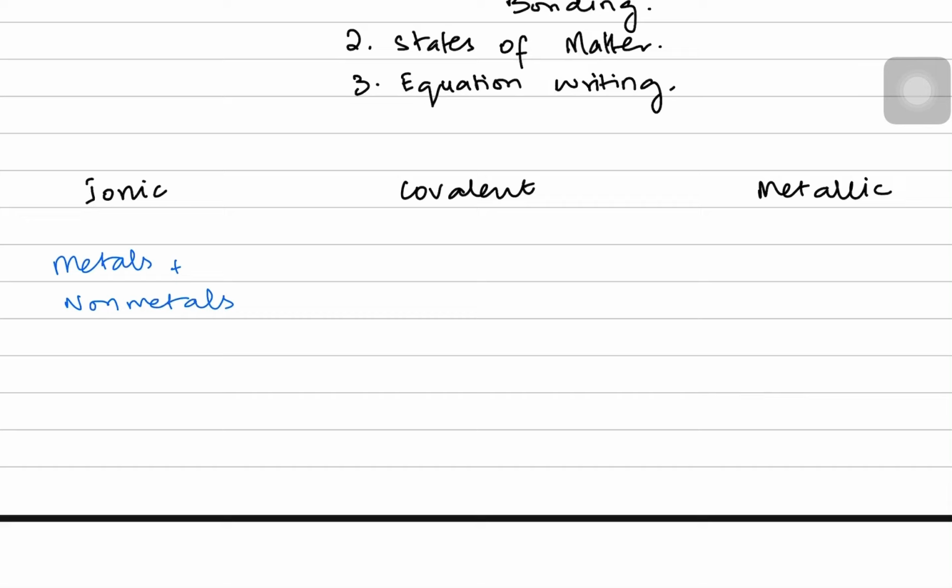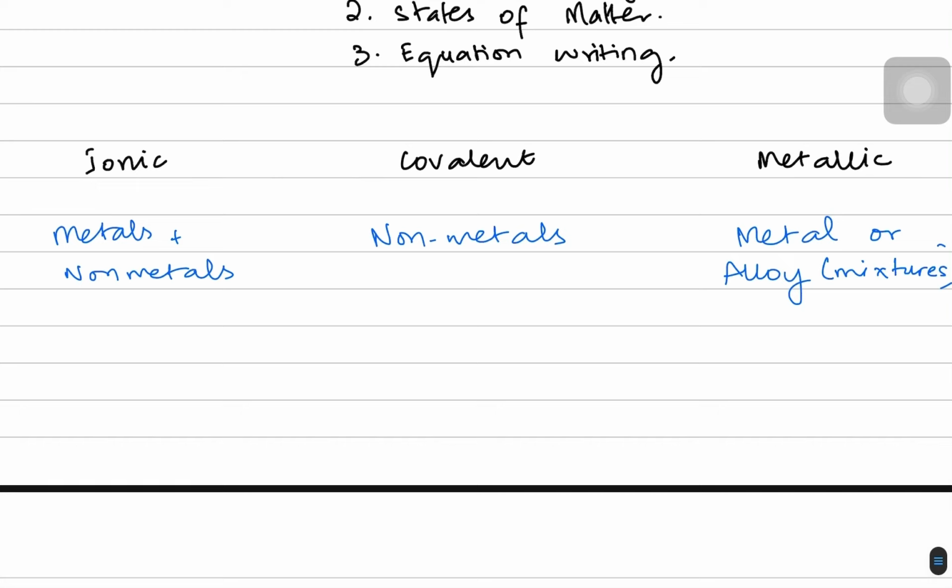In covalent, it's nonmetals combined with other nonmetals. In metallic, it's a pure metal or an alloy. By the way, alloys are mixtures of metals, not compounds. So we'll talk about their general properties.